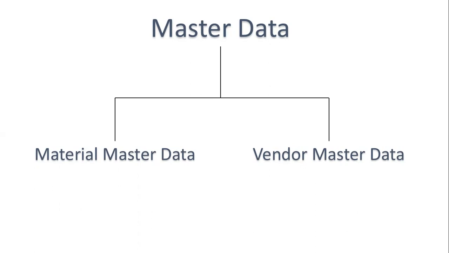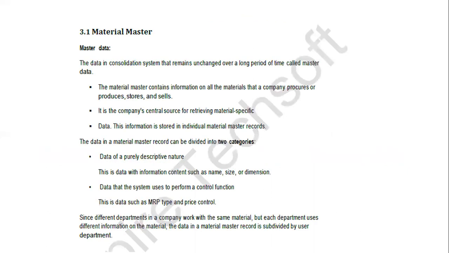Master data is basically divided into two parts, that is material master data and vendor master data. Material master data is the enterprise's main source of material-specific data. This data will include information on the materials that a company can procure, produce, sell or store.